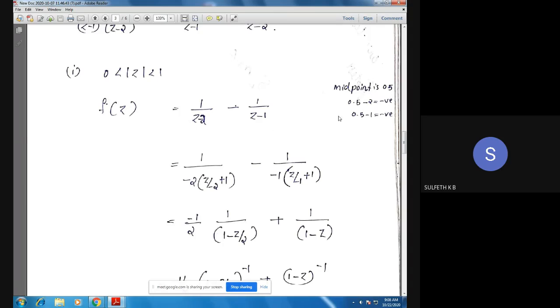The term z minus 2 will become 0.5 minus 2, and 0.5 minus 2 has the value minus 1.5, a negative term. Right?